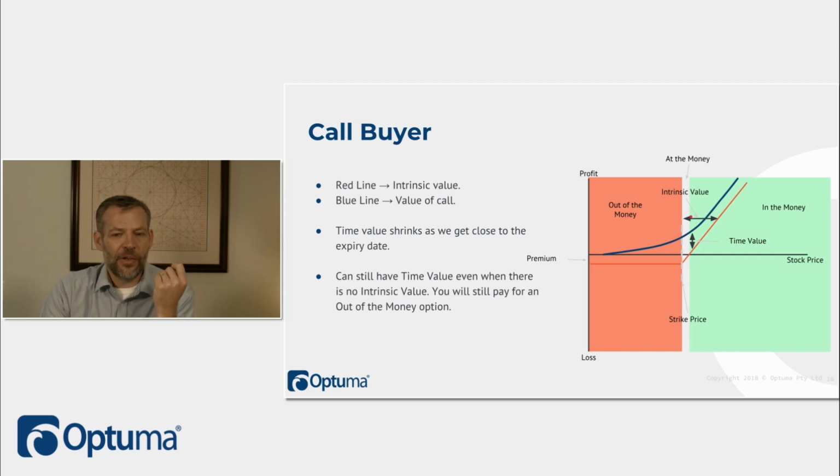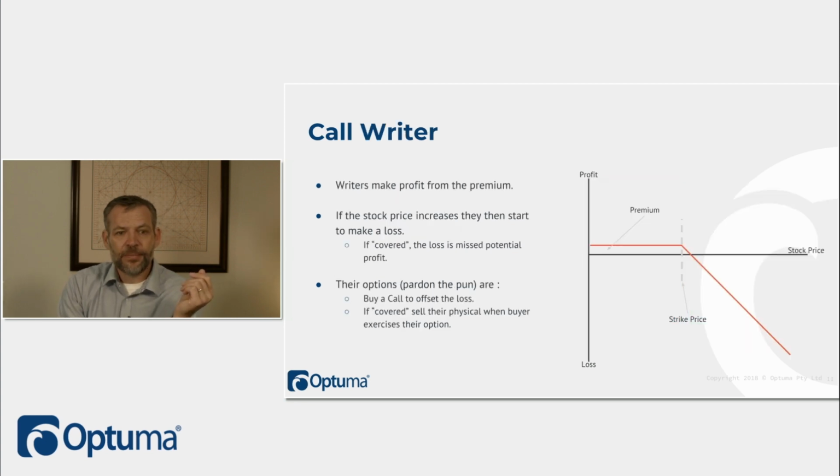And the intrinsic value, as we said, is the difference between wherever we are on this line and what the strike price is. Time value shrinks as we get closer to the expiry date, and that blue line would start to squash in, and basically right at the end it overlaps the red line. You can still have time value even when there's no intrinsic value. You will still pay for an out of the money option.